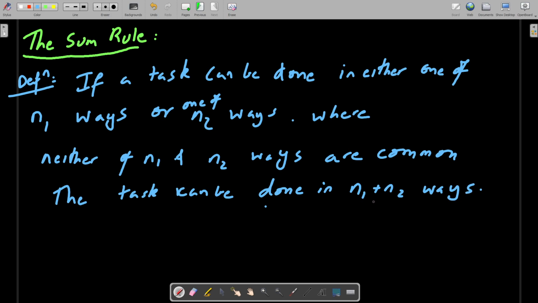Okay, so if you have two distinct ways where there is nothing common between them, two or more different methods of doing this thing, then the number of ways in which the problem can be solved is N1 plus N2.